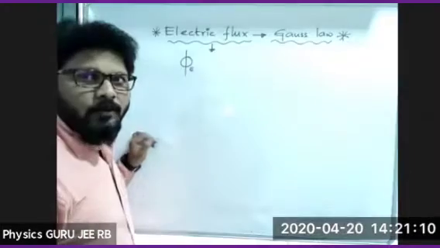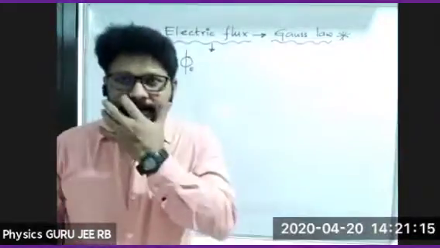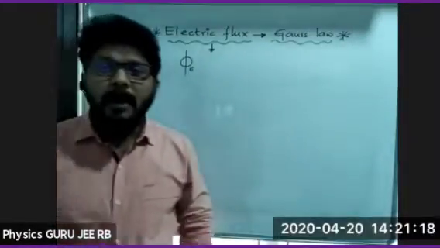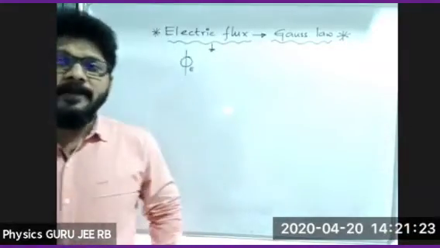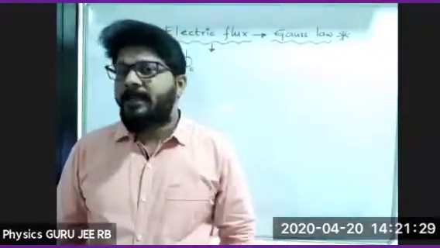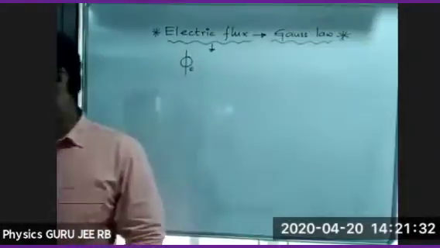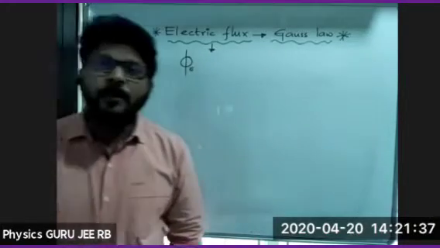Next, how do we give the definition for this? Number of electric lines of force passing through unit area normally. Already we discussed the properties of electric lines. For example, I'll ask one question. If electric lines are straight and parallel, what do you call it? Fast, tell me. Uniform field. Very good.